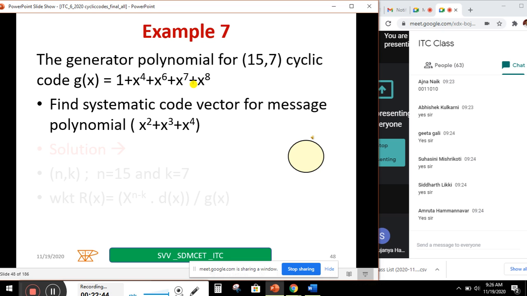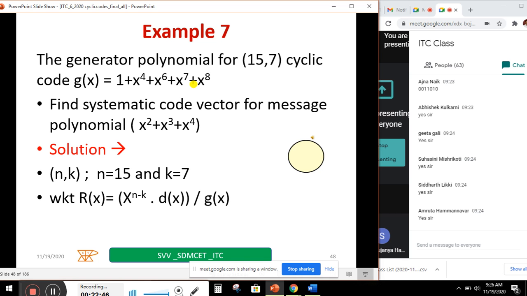Follow the same procedure. Write down the solution. N comma k, 15,7. n equal to 15, k equal to 7.